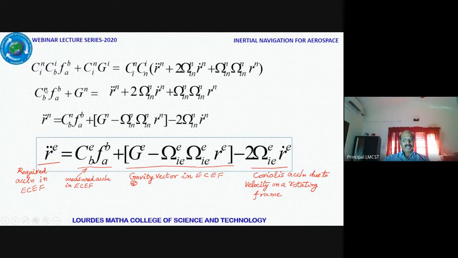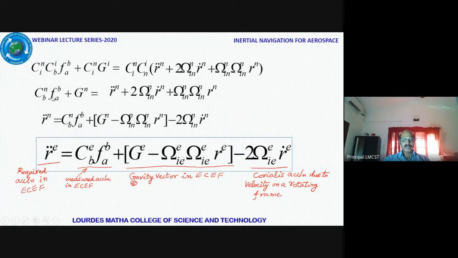So CBN FAB. And gravitation in inertial frame is getting transformed to the N frame, some navigation frame. In this case, ECF, that we will give a specific symbol for that. Right now, we call it N. So this is nothing but now same gravitation vector, now expressed in N frame, that rotating frame.